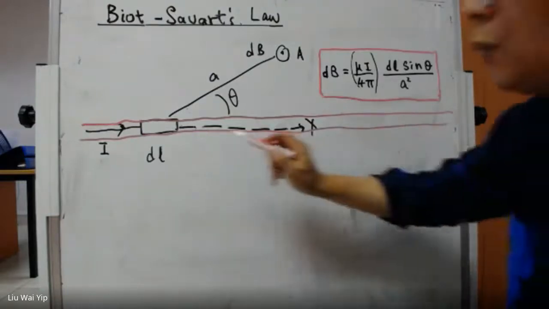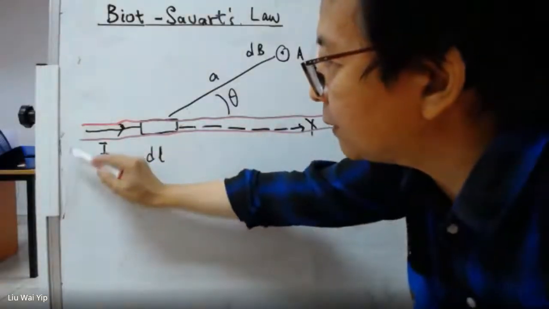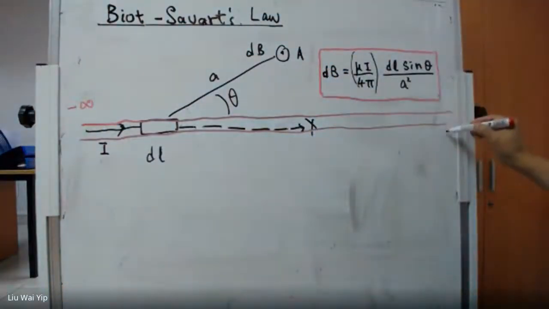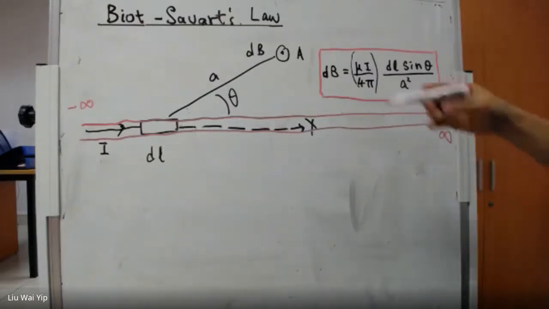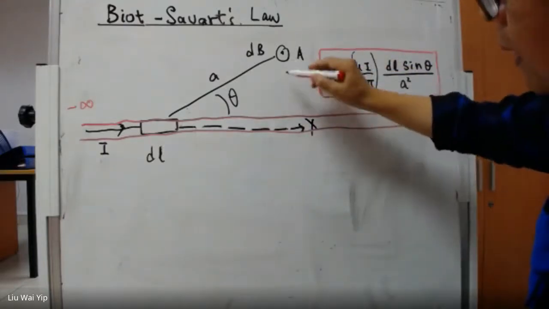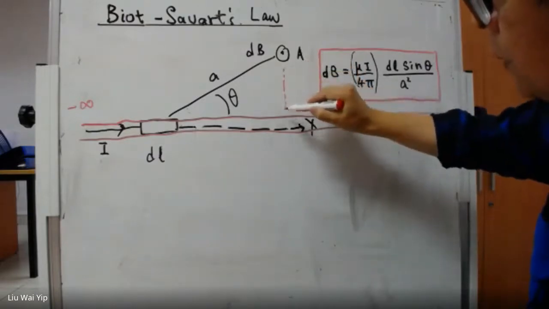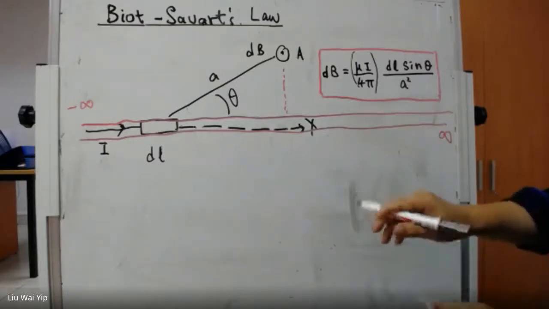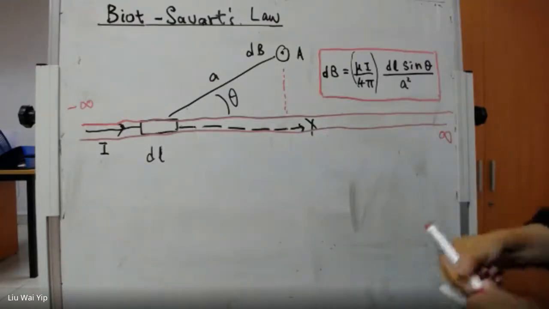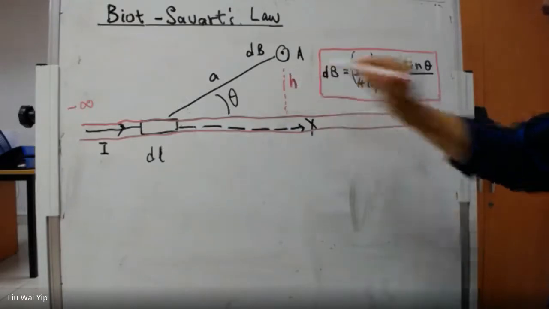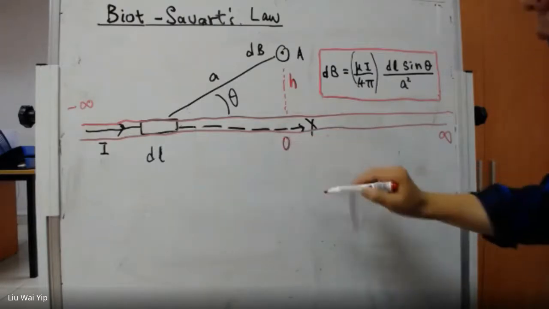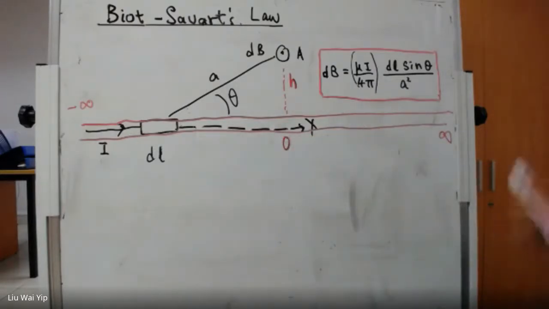Point A is at this position here, and the height of A is assumed to be h. And let's assume this point is 0, the origin.